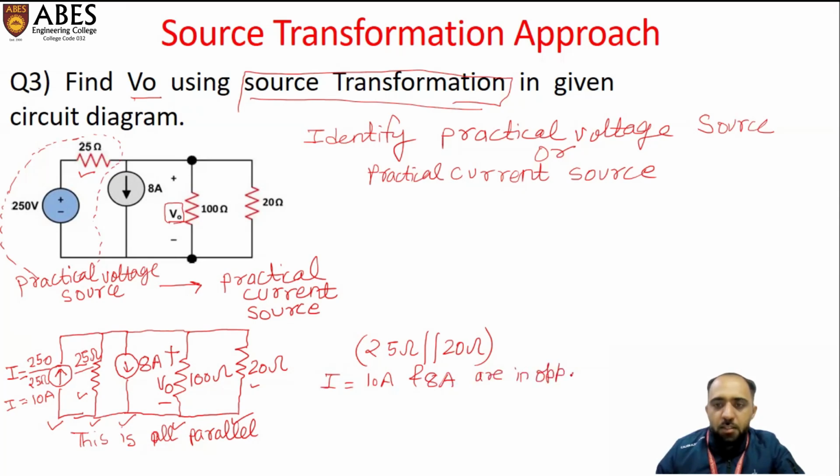So taking this, the value of the 25 and the 20 ohm parallel resistance will be, I can write it here as 20 ohm.